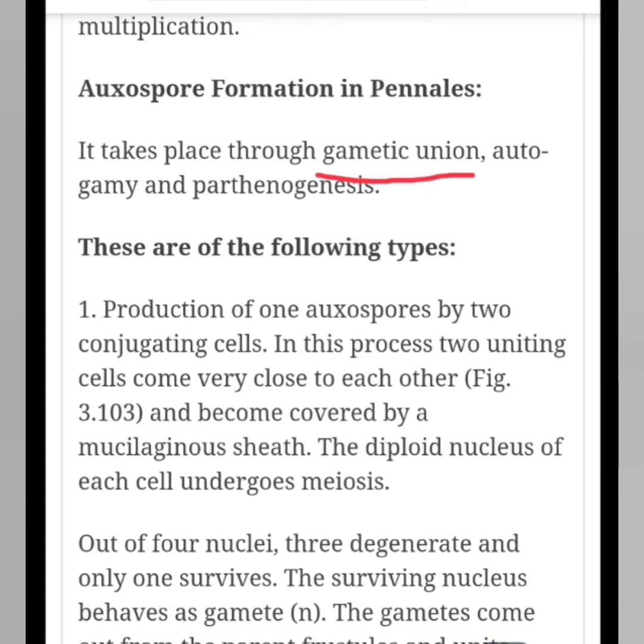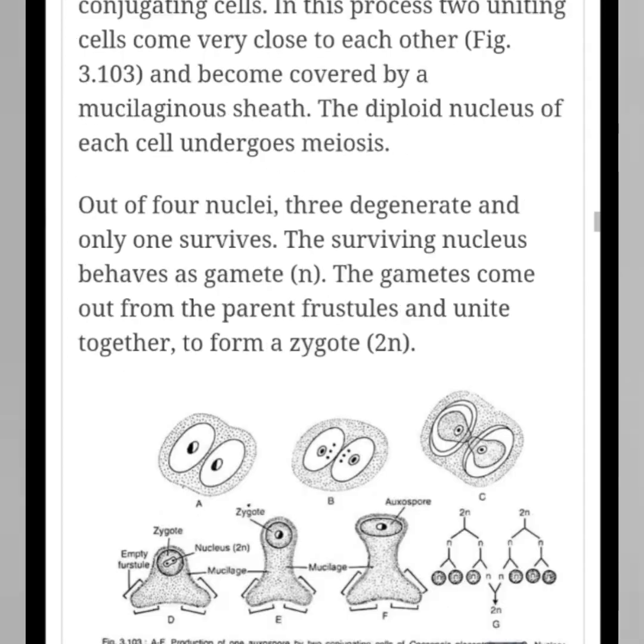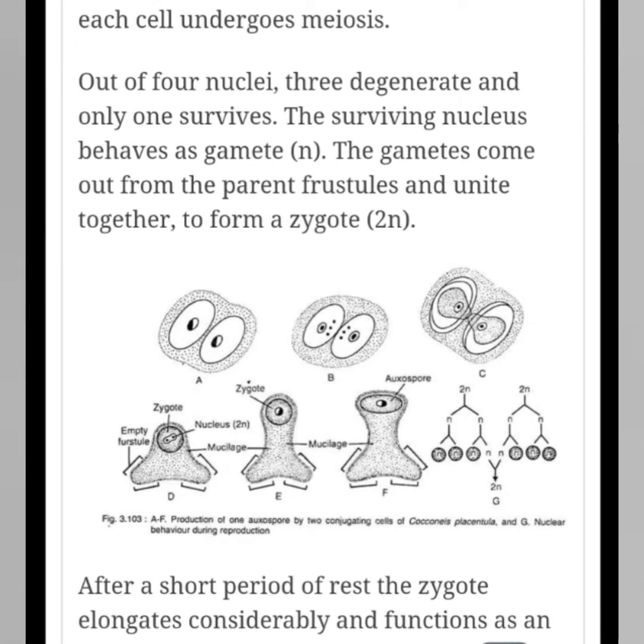To understand that, let us take a look at this diagram. You can see in figure A, two cells or two frustules come close to each other, and they get enclosed in a mucilaginous covering or a mucilaginous sheath.